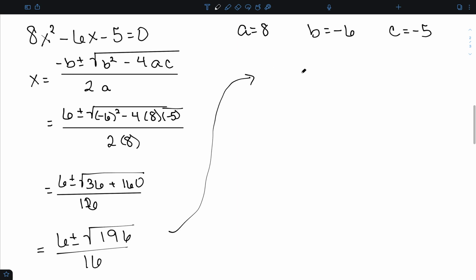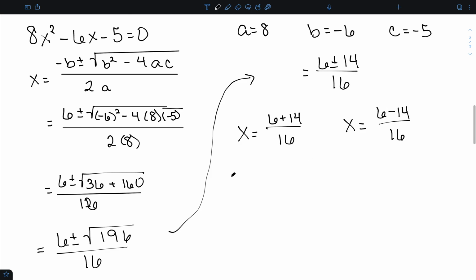If I move this up, the square root of 196 is 14. So I have two possible values. x is equal to 6 plus 14 over 16, and x is equal to 6 minus 14 over 16. 6 plus 14 is 20, so this is 20 over 16, which we can reduce to 5 over 4.